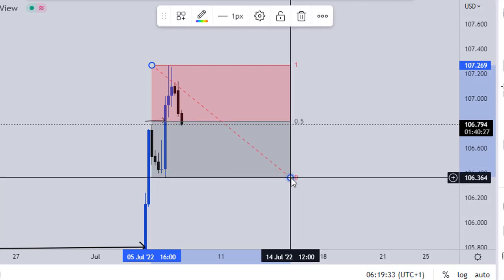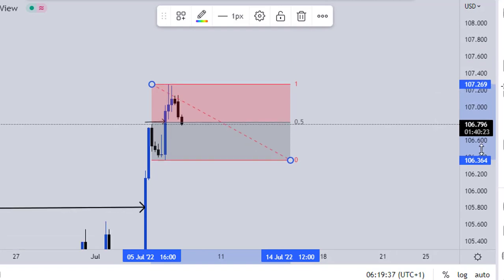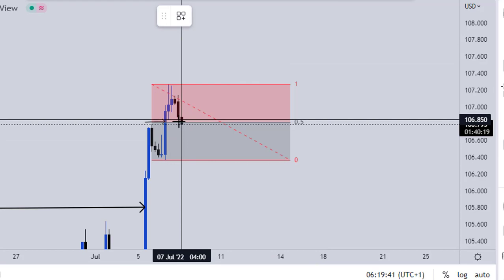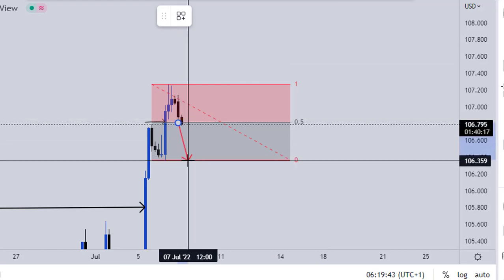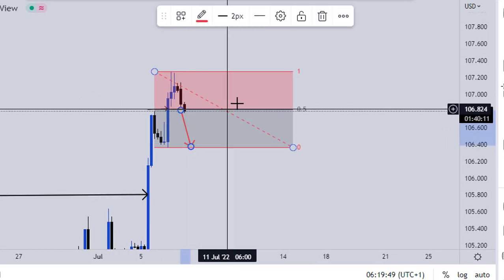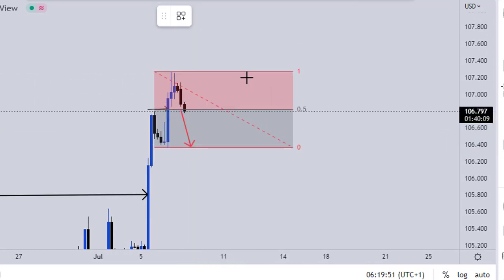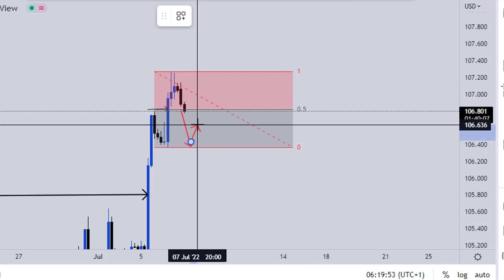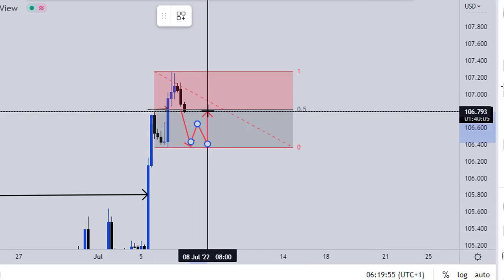As you can see, it's already at the 50%. But what I'm expecting very closely is for the market to pull back deeply to this place, down to this place. And once the market gets to this area, I'll start going to the lower time frame, and if we start seeing a change of structure, the market shifting to the upside, we start seeing this kind of formation.